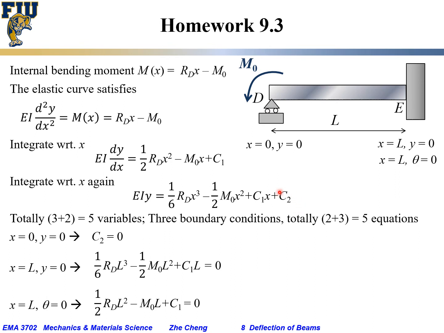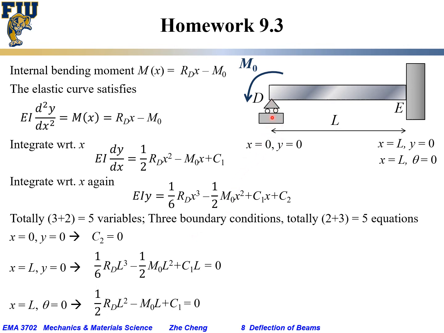So now we have in total 5 variables, which are Rd, Re, Me plus C1 and C2. And from statics we have 2 equations: balance of force and balance of moment. But now we also have 3 boundary conditions.